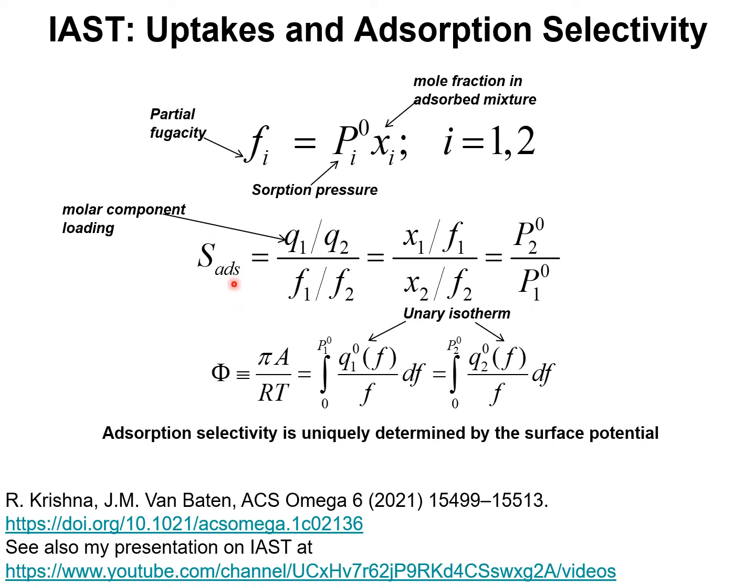The adsorption selectivity is defined as the ratio of the molar component loadings of 1 with respect to the molar loading of component 2 divided by the ratio of the partial fugacities of components 1 and 2.